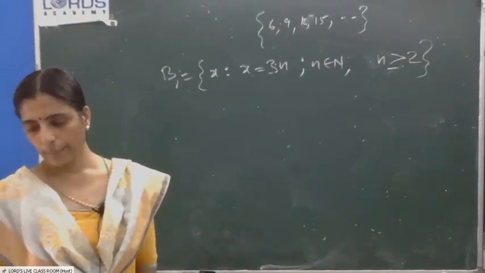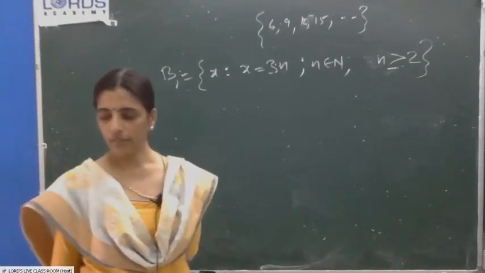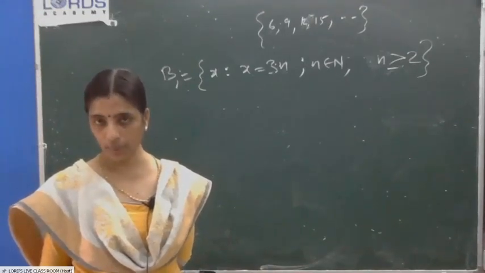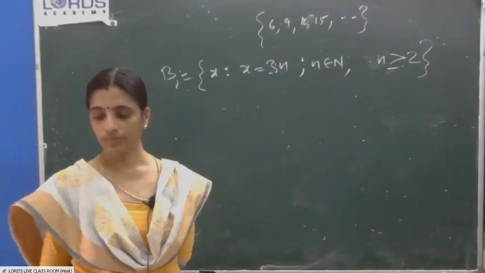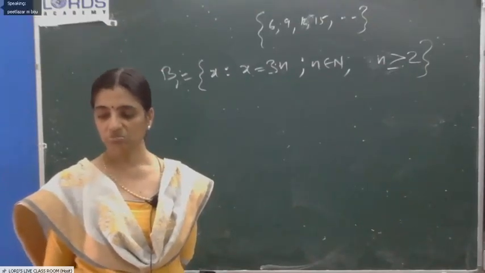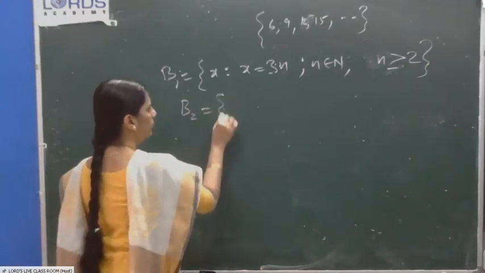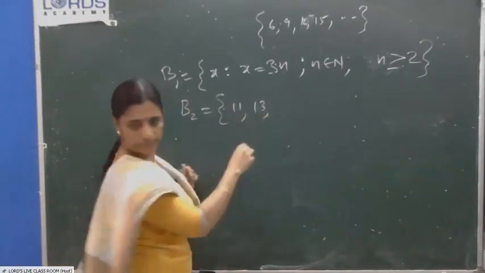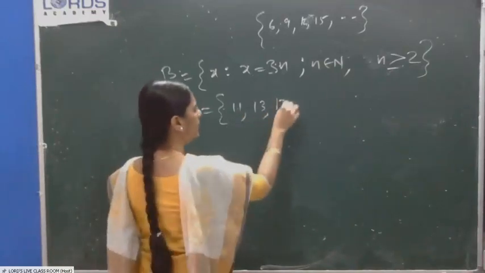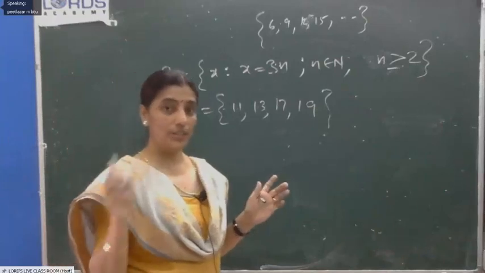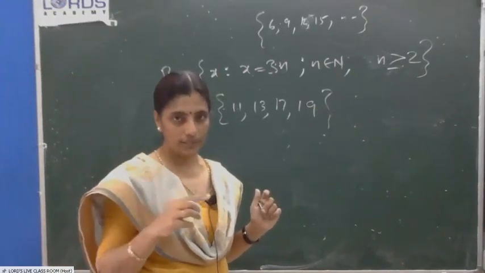Okay. Next one. 11, 13. 2n minus 1. Next one you are talking about B2. B2 equal to 11, 13, 17, 19. You thought these are 2n minus 1?